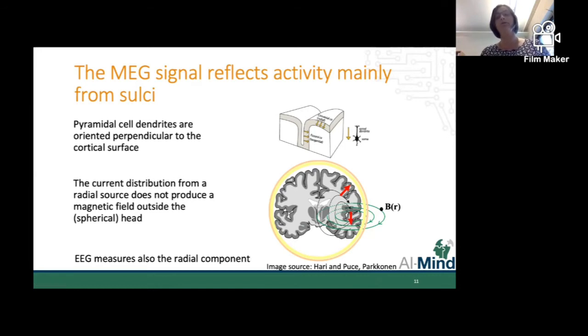And this type of source configuration will cause a magnetic field that is measurable outside the head. Now, EEG also measures the radial component because there we are measuring directly the volume current at a specific location at the surface of the head.